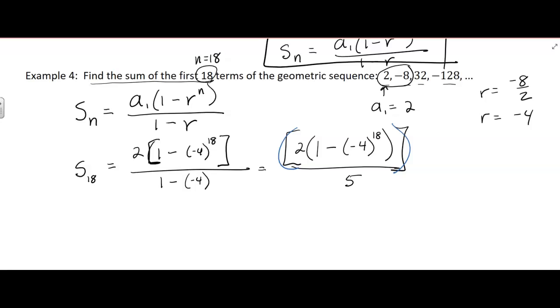Okay, so I'm going to go parenthesis 2, parenthesis 1 minus, and then parenthesis, -4, parenthesis, to the power of 18, parenthesis, and then another parenthesis to close off the numerator, divided by 5.